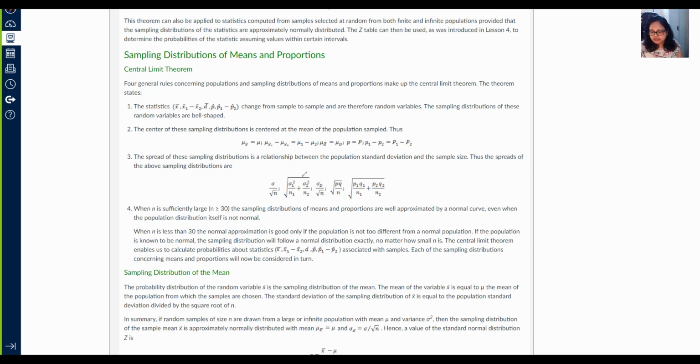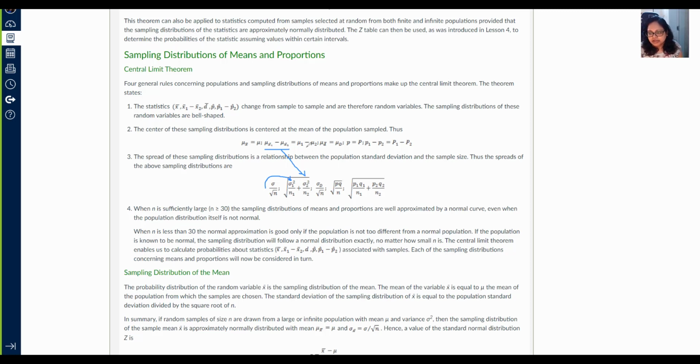And then if you are talking about two populations, you will see that the combined standard error would be the combination of them. You can think of just keeping them inside and then taking the square root of them together. You can write this down in your cheat sheet so that you can use it in your exam.